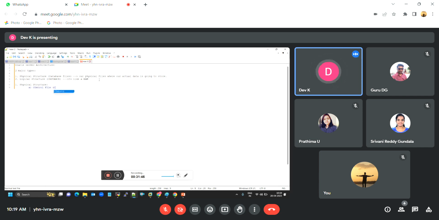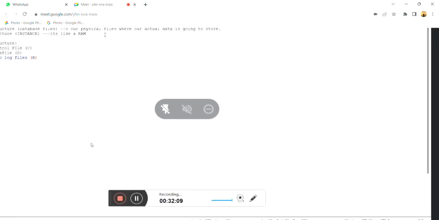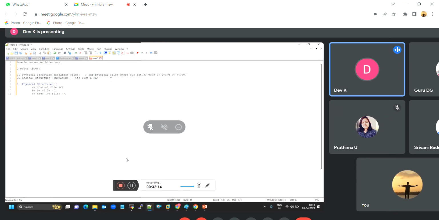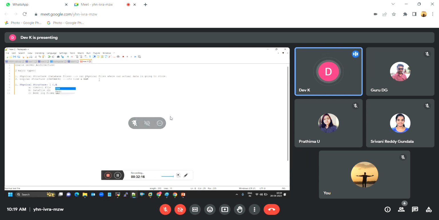It is indicated as C. The second one is the data file, which we consider as D. The third one is redo log files, considered as R. These are called C, R, D files.